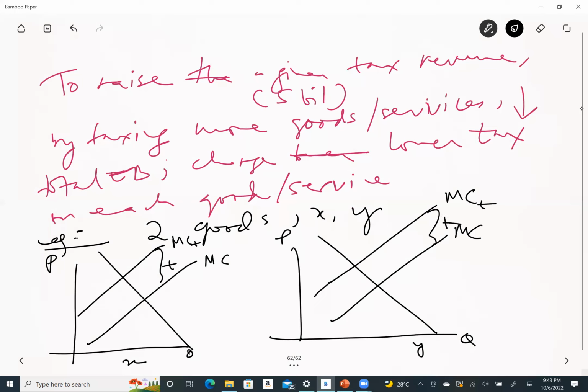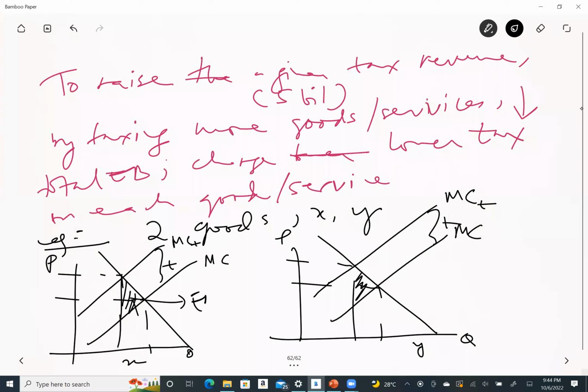So what is the excess burden? The excess burden will be this area. And if you look at this one, the excess burden will be here. We just look at the excess burden. Of course, you can look at the change in the price, but that is not our purpose here.